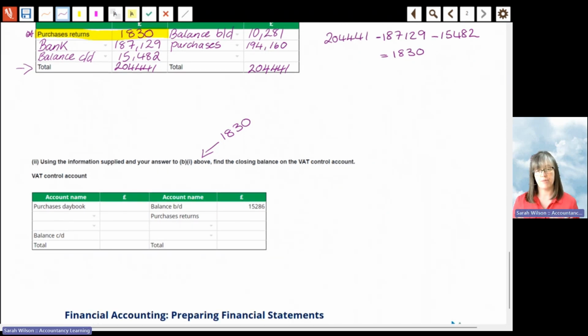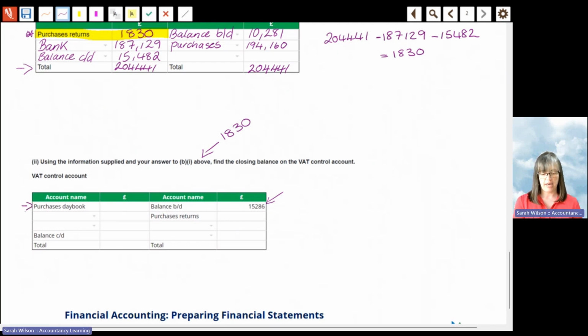So again, in the exam, you'll be able to pick from your drop-down lists. And again, the totals will auto balance as you type in your figures. The question already gives you a balance brought down on the credit side. So now let's go through and fill in the figures and the rest of the account.